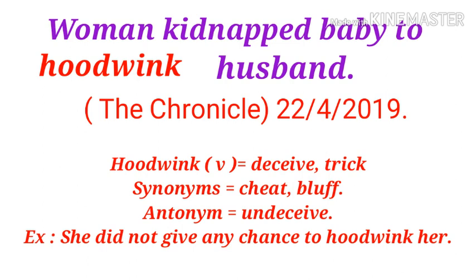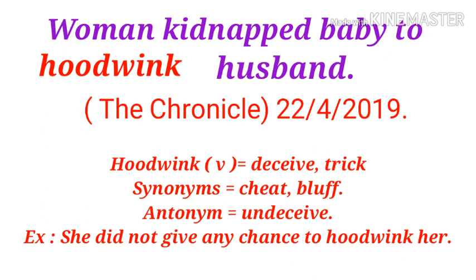Yes, so hoodwink is a verb and its meaning is to deceive or trick. That means you're cheating someone, or you're using some tricks to fool someone. That is known as hoodwink. This is a very uncommon word and it is also very important. You must know it. Okay, so its meaning is like this, that you are deceiving someone, you are tricking someone, you are cheating someone.